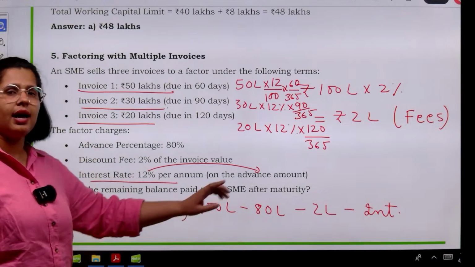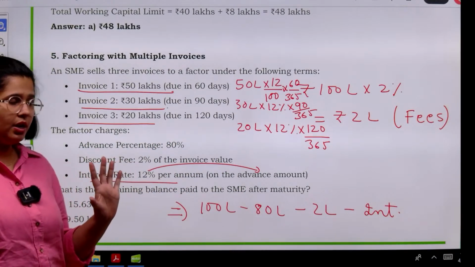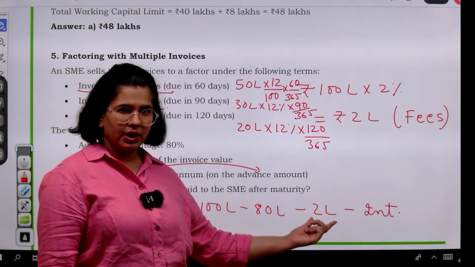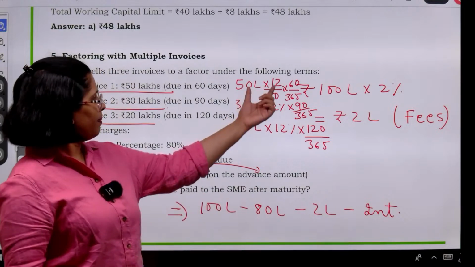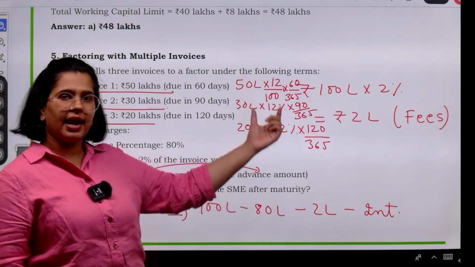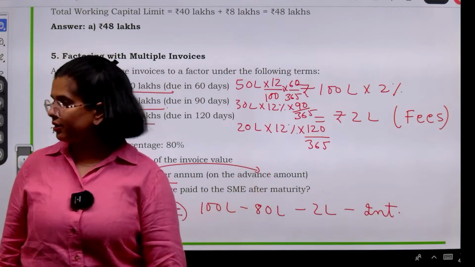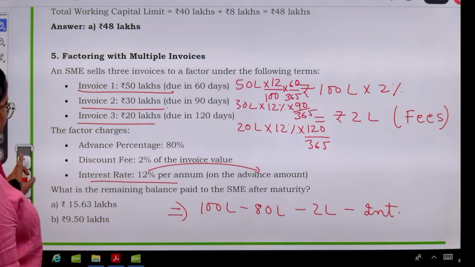Out of that I have already paid the 80% to the SME. I'll deduct my discounting fees, right? Then I'll deduct interest portion by calculating these three and adding them up. इनको add करके, and that would be the amount I'll return back to the SME. वो अमाउंट मैं SME को वापस कर दूंगी. फाइन.